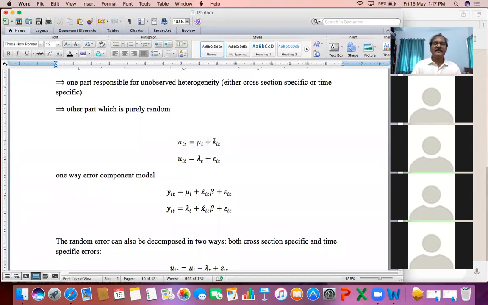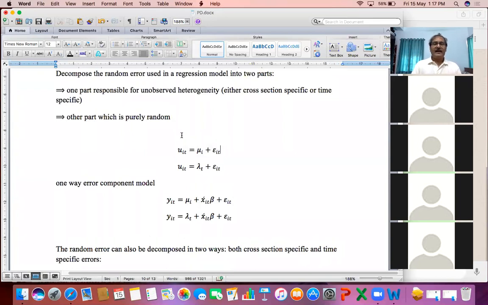Suppose we are estimating a Bayes regression model. We have provided this classic example earlier as well. If you are familiar with the theory of human capital in labor economics, the wage rate a worker can get depends on so many factors, and among them the major factor is the level of education.